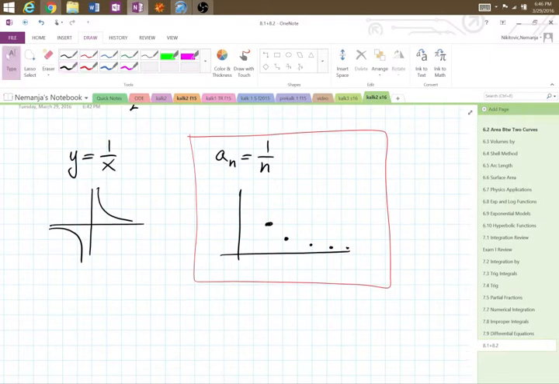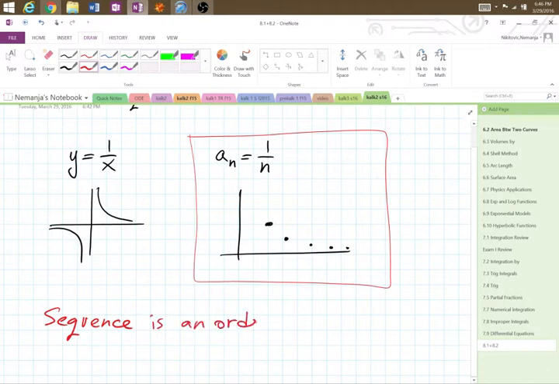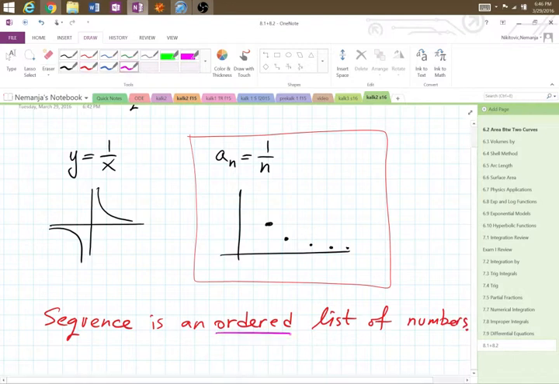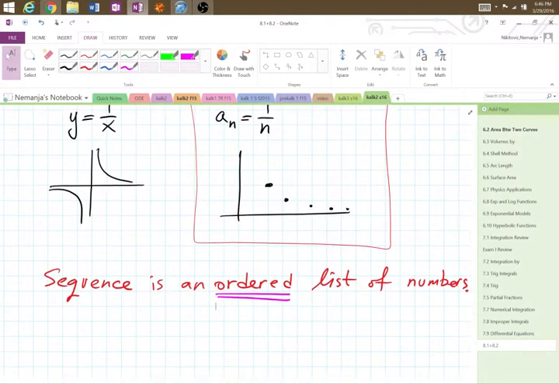So what is a sequence? A sequence is an ordered list of numbers. And I am going to underline the word ordered. It is ordered through the set of natural numbers. I'll put counting.